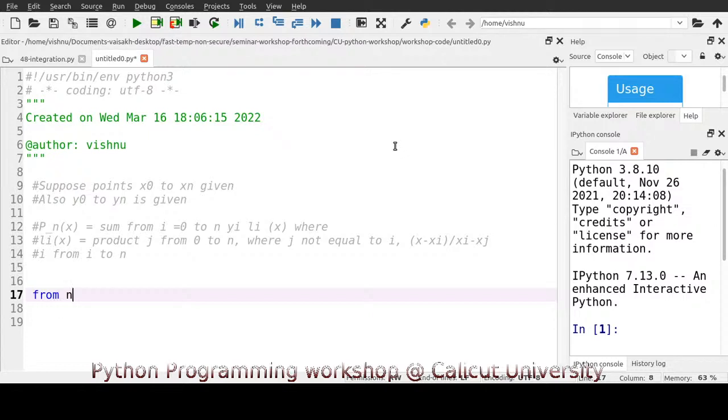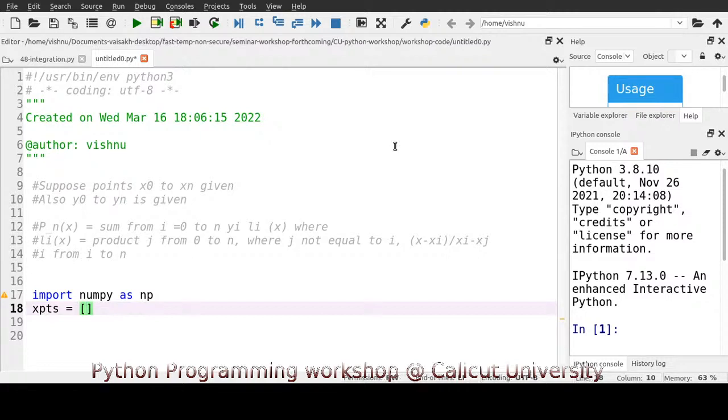So, import numpy as np. Let us create x points. x is equal to, suppose that we take the range 0 to 2 pi, so that it will be on the positive side all the time.